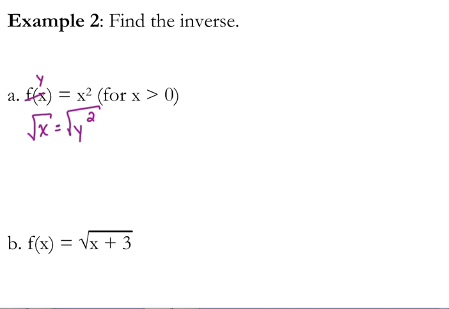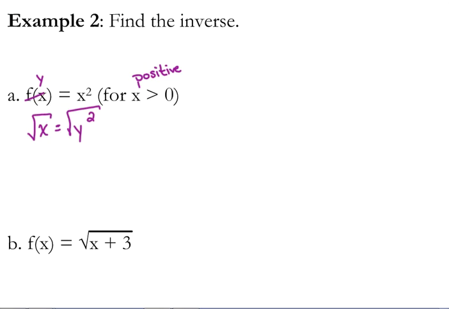Is it only 2? Negative 2. You got to consider the positive and the negative. Here's where those parentheses are coming into play. If x is greater than 0, is that positive or negative? Positive. If something is greater than 0, that means it's positive.